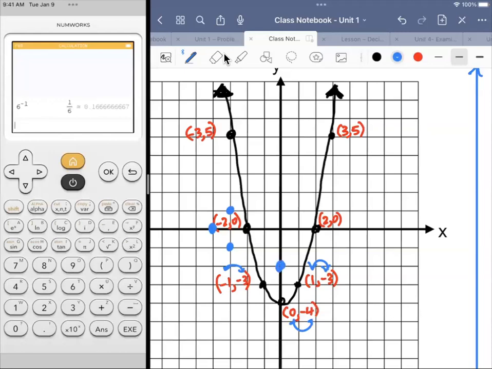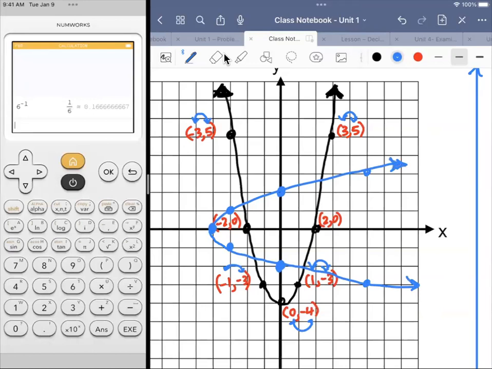Instead of (2, 0), I plot (0, 2). Instead of (-3, 5), I'd plot (5, -3), and (5, 3). So we'd have a sideways parabola. The issue is that this would not be a function.